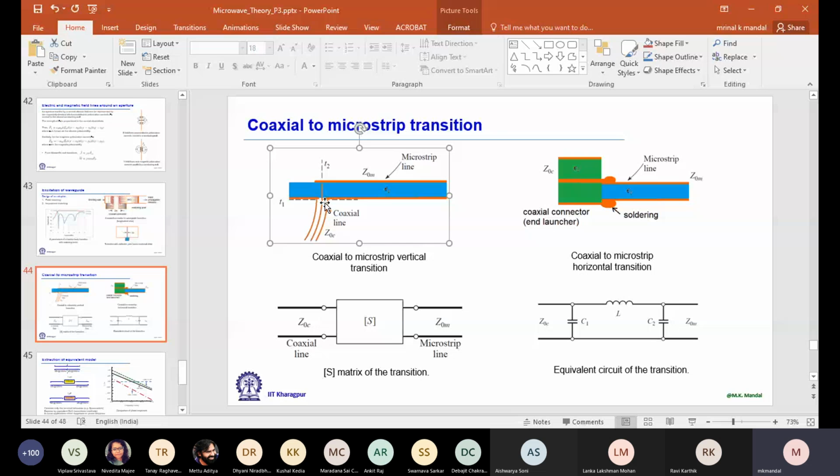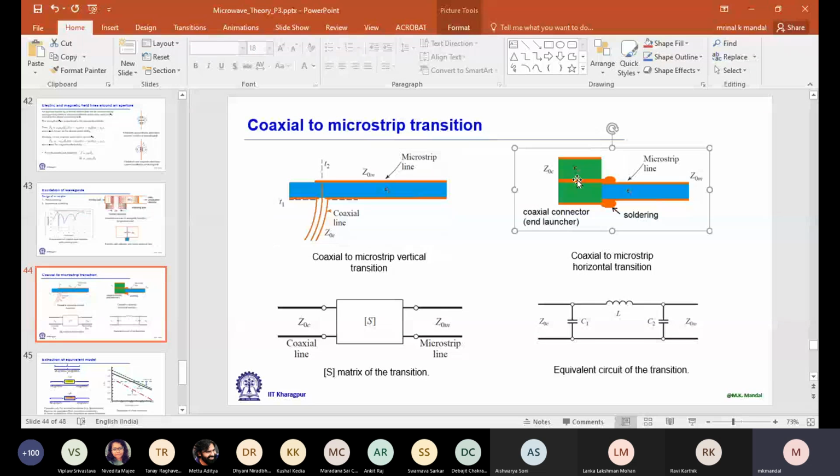But we have a better technique than this, which is automatically wideband. So instead of inserting it from below this ground plane, what we do is turn the coaxial cable by 90 degrees so that it becomes horizontal with respect to microstrip line, and then it looks like this.